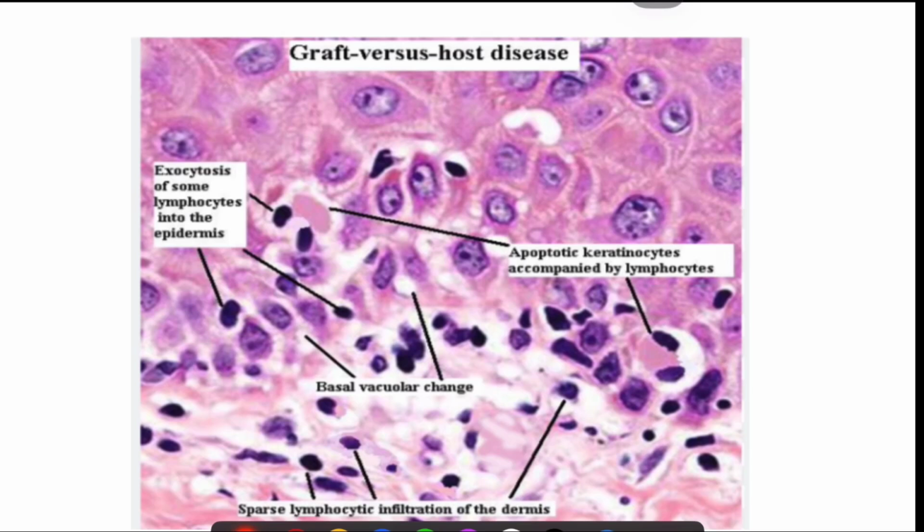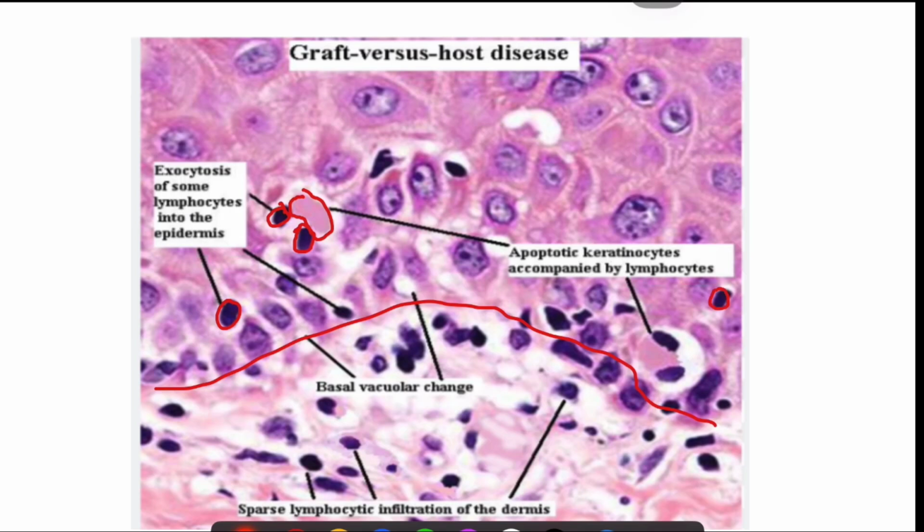This is, you can see here, an apoptotic body of keratinocytes, and these are the lymphocytes accompanying it. This is called exocytosis of lymphocytes in the epidermis. So this is the epidermis, and here you can identify lymphocytes.